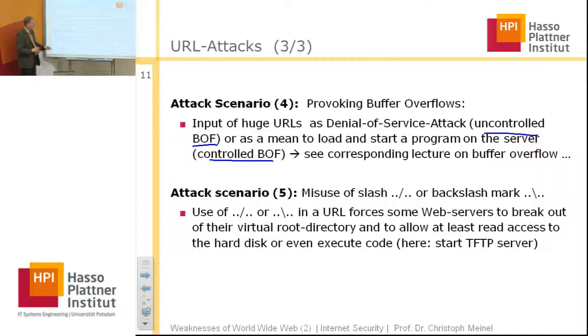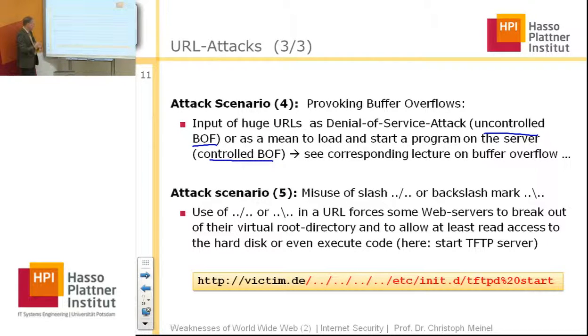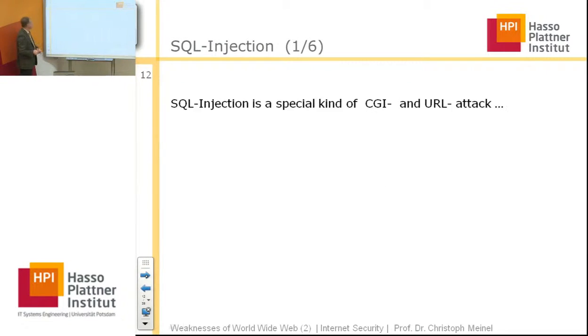Here, for example, to start a trivial FTP server. And here's an example. The security concept says that web servers can access only resources in a certain virtual environment, and the goal of an attacker every time is to try to break out to get access to the resources stored on the system.